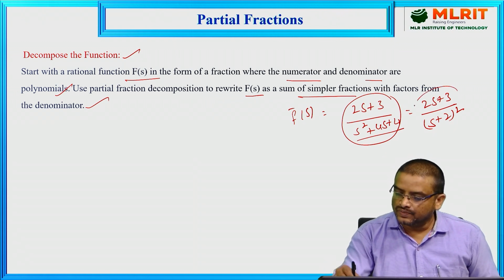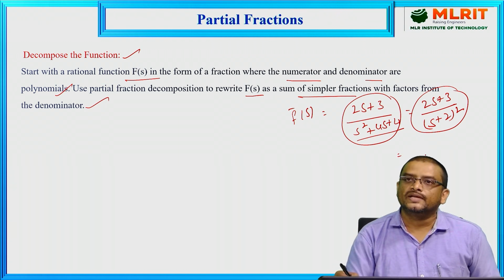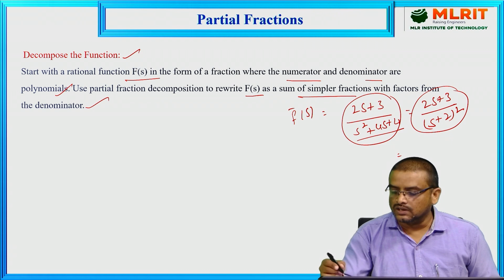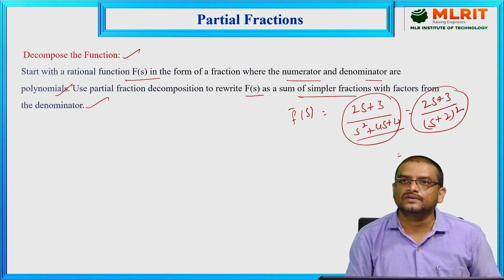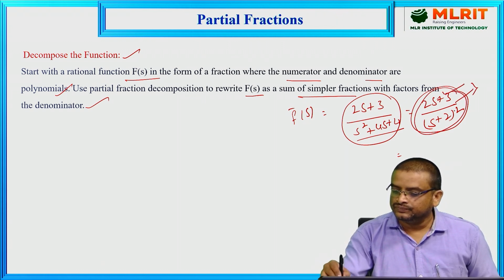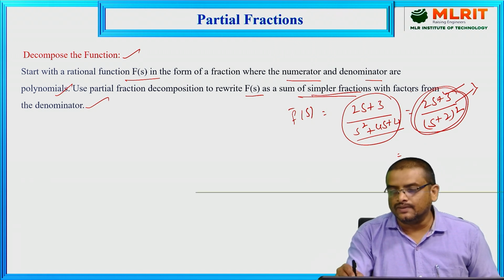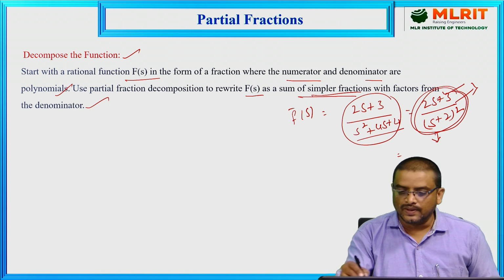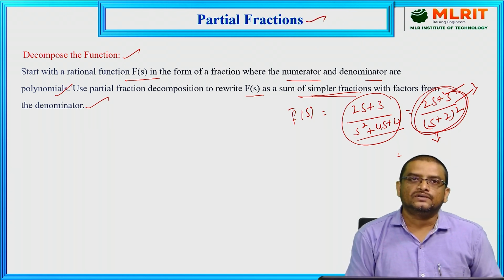So we have to convert this function into the form of simple formulas like 1 by s plus a, or 1 by s plus 2, matching our standard formulas. In order to convert this function into a sum of simpler functions, we take the help of the partial fractions technique, which we are going to discuss here.